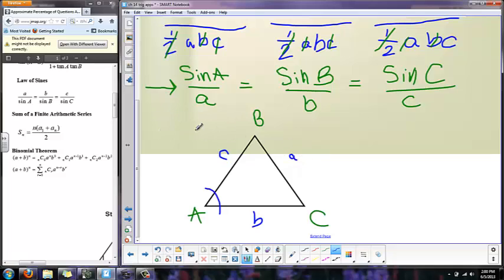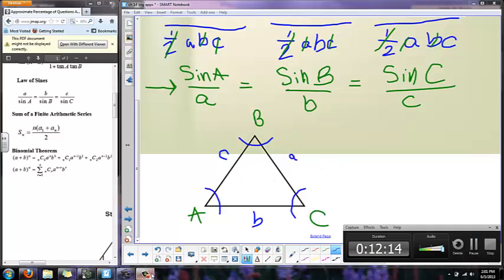And that decimal is equal to if I take the sine of this angle and divide it by that side length. And you're going to get the same decimal. And then that decimal is equal to the same thing if you take the sine of this angle and divide it by that side. Which is really kind of cool, because that proportion is going to change for every triangle, but because we know that they're equal, you can use this information to solve for missing angles, to solve for missing sides, to solve for a bunch of really cool things.